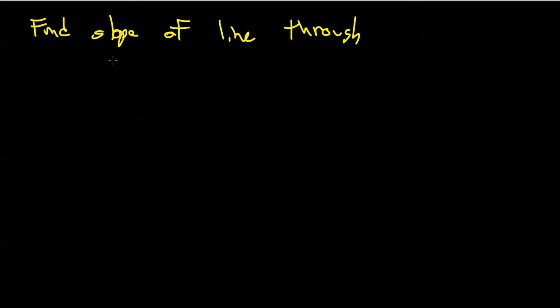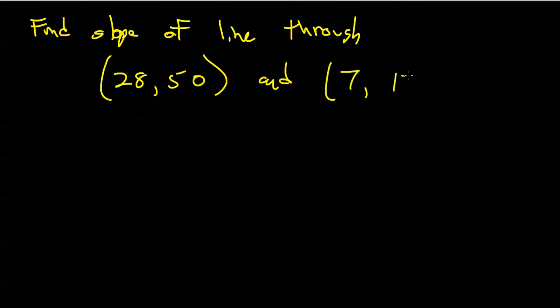Find the slope of the line through. Let's see. Now these coordinates are a little too much to graph, but I don't really need to graph these lines if all I want to do is find the slope.